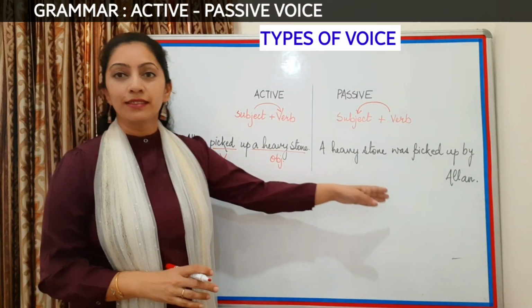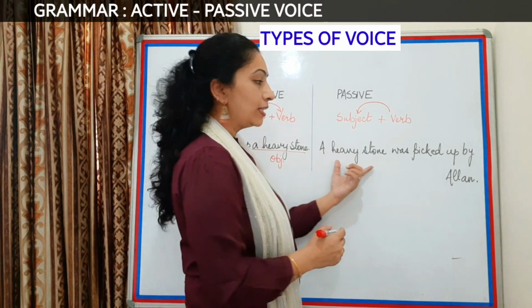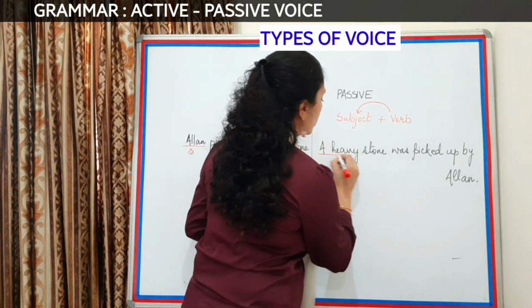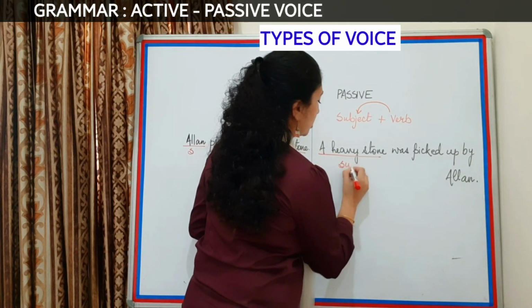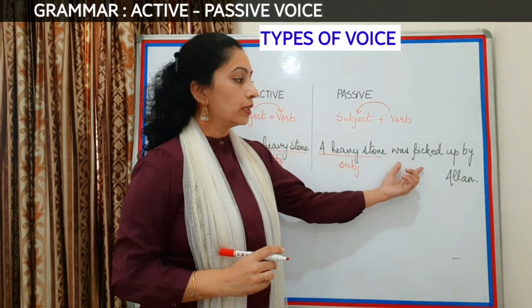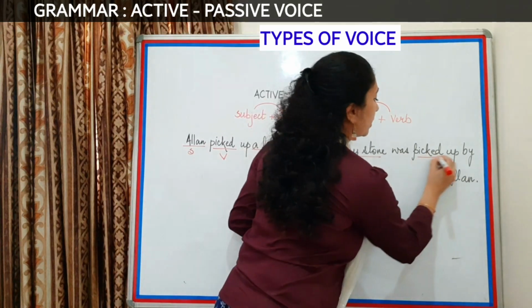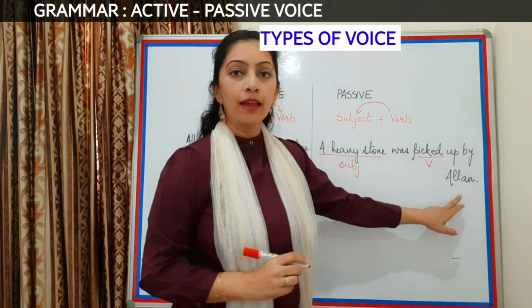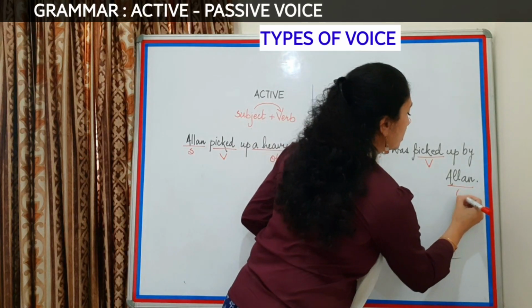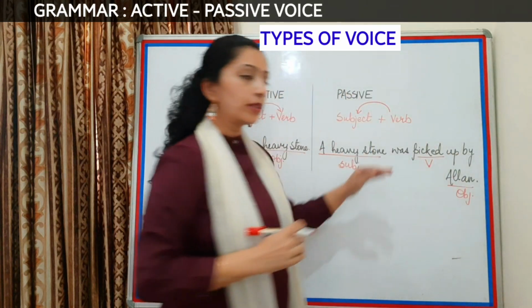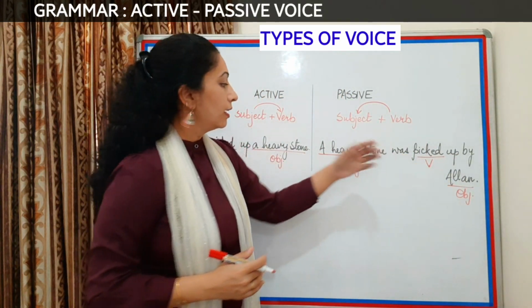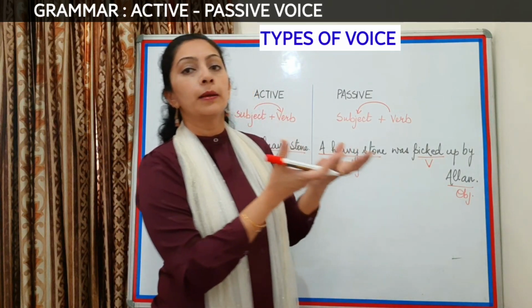Come to the same sentence in passive voice. A heavy stone now becomes the subject. Was picked up, now picked becomes the verb, by Alan. Now Alan here becomes the object. So what has happened under passive voice is a heavy stone was picked up.